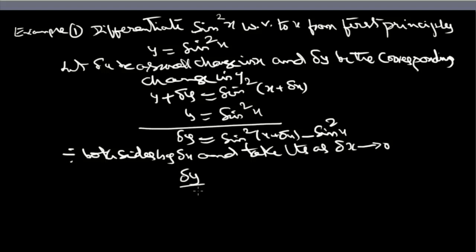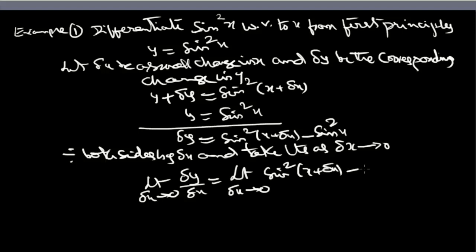So delta y by delta x, limit delta x tending to 0, is equal to limit delta x tending to 0 of sin squared of x plus delta x minus sin squared x, by delta x. Now the left hand side automatically becomes dy by dx.